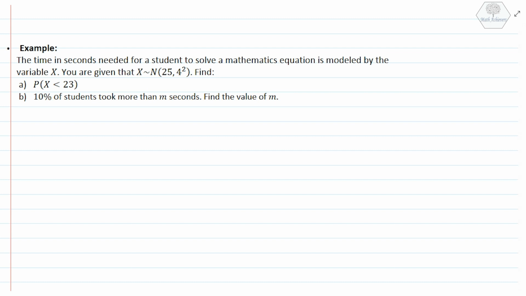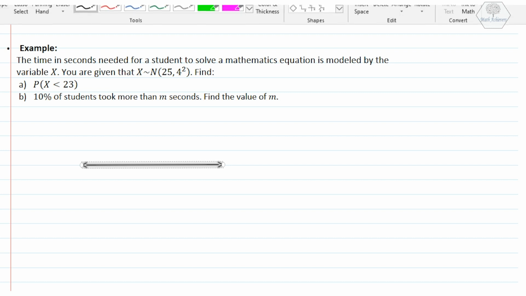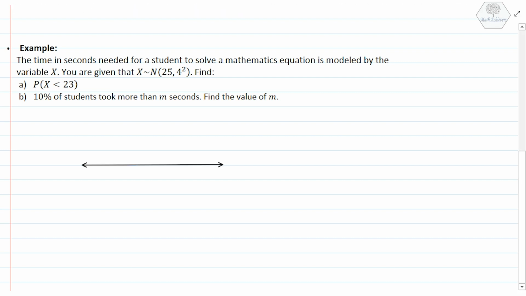Always, let's draw our normal distribution curve. This is for part A. This is my normal distribution curve. I have the mean to be 25 seconds, and the standard deviation to be 4 seconds.